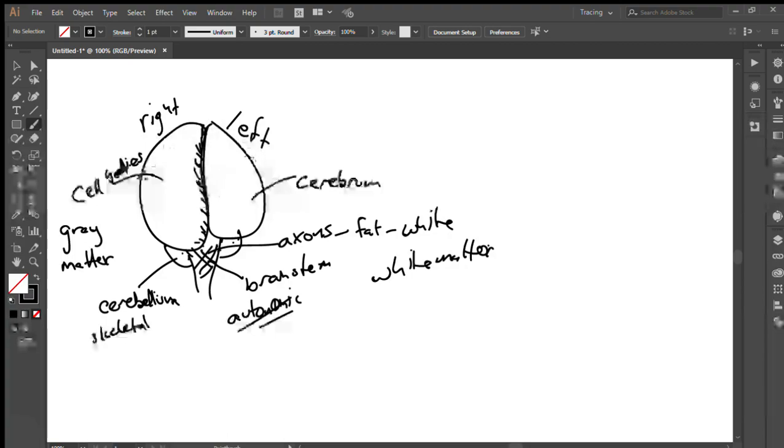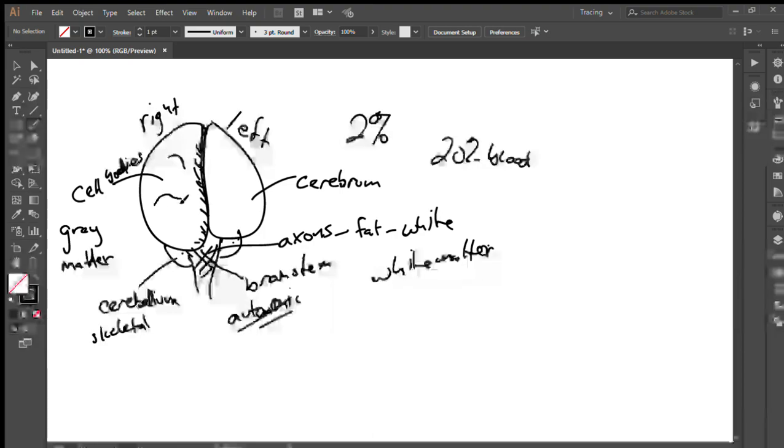Okay, so your brain. Your brain is about, I want to say, I can't remember, about 2% of your body weight. But it takes about 20% of your blood supply. Why is this? Because it's extremely busy. Your brain's always working, even when you're sleeping.